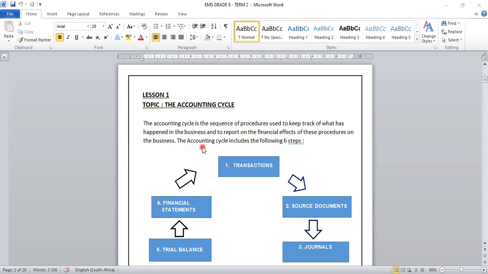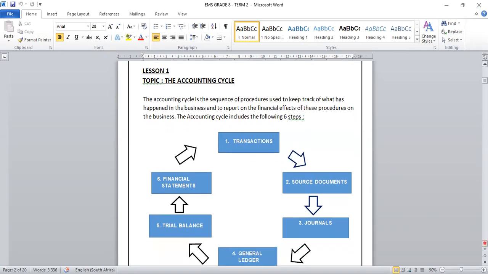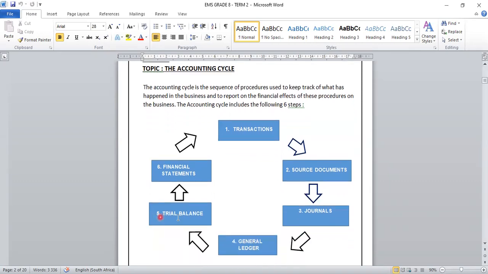So it is a process of recording the financial transactions and also their effects in the business. The accounting cycle includes the following 6 steps: transactions, source documents, journals, general ledger, trial balance, and financial statements.